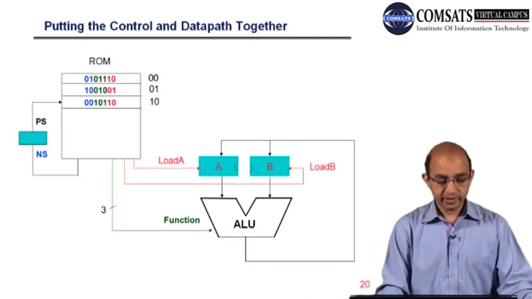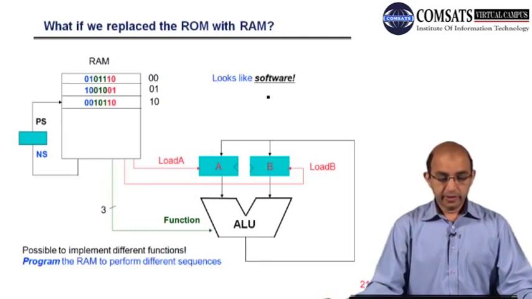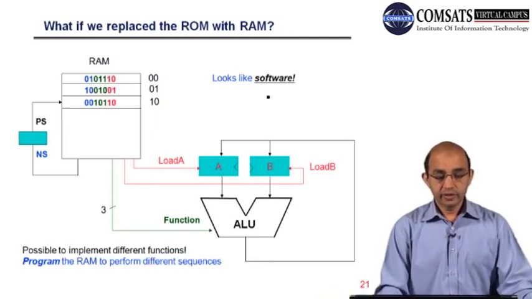This is the next state and this is the present state, so we can have an idea. Here what we did is replace that ROM with RAM. We have the same set of instructions, but they are now in RAM.